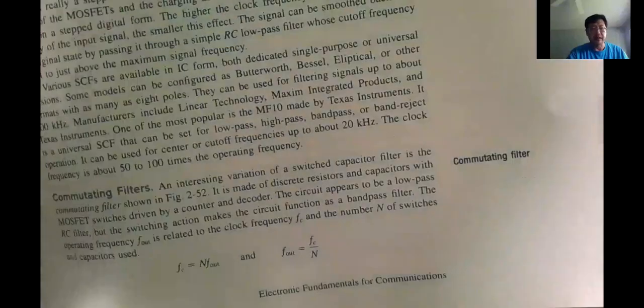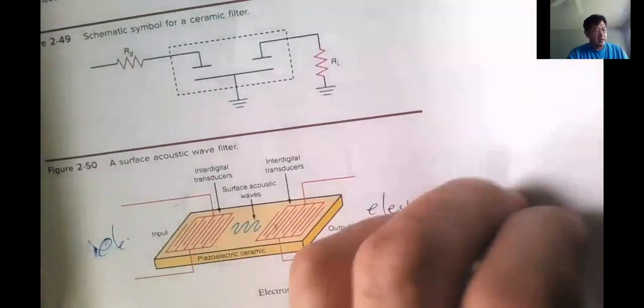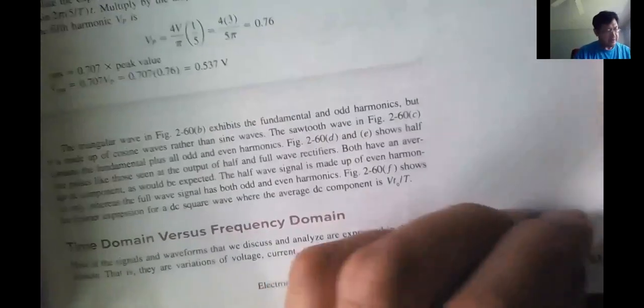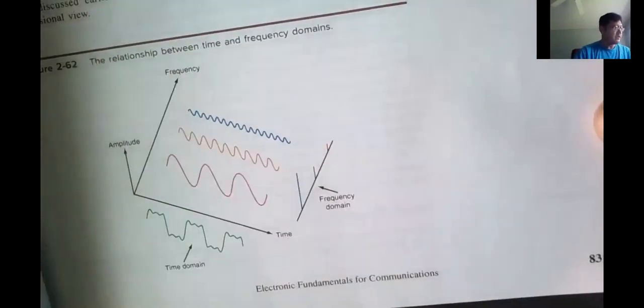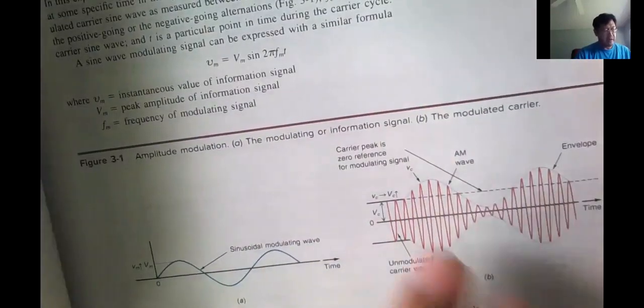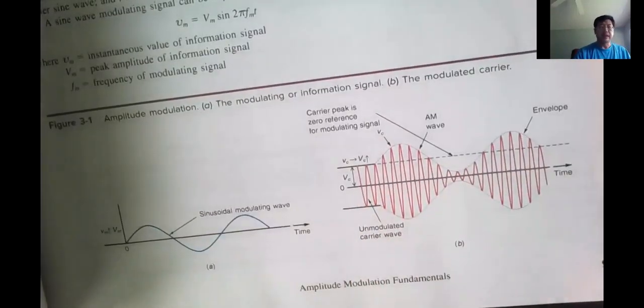Usually it's voice because we are talking about communication. We want to broadcast a voice. So the voice will change the amplitude of your carrier. So this will be a typical AM.